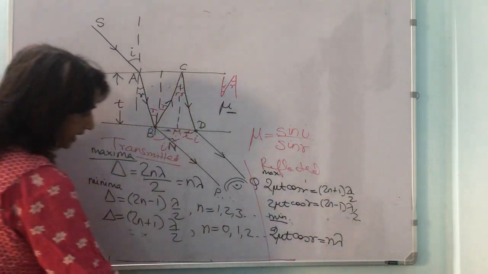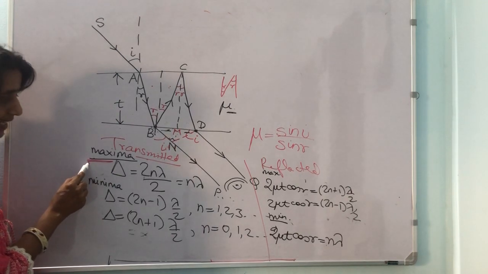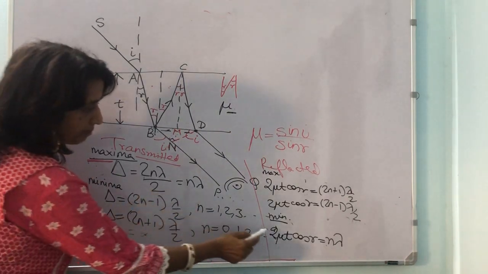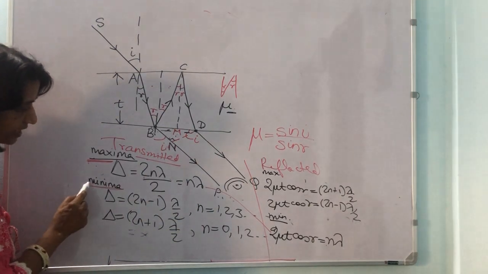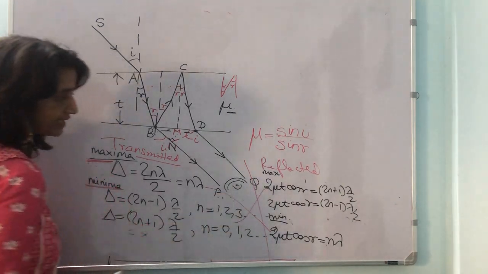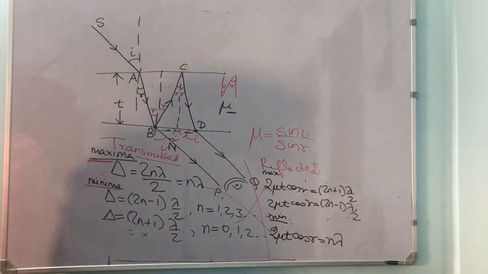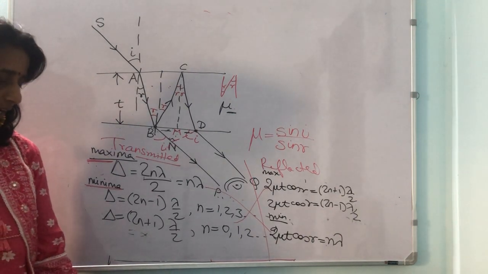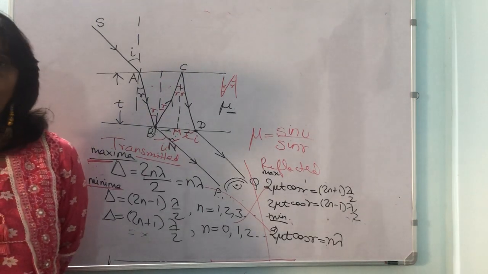So where the maxima has come for transmitted light, there minima is there for reflected, and where minima has come for transmitted light, there it is maxima in reflected. They are just opposite of each other. Hence, the interference pattern of transmitted and reflected monochromatic light is complementary.